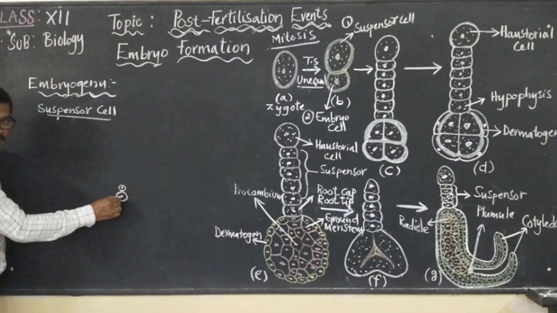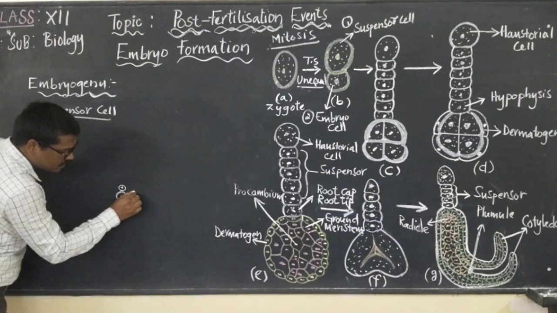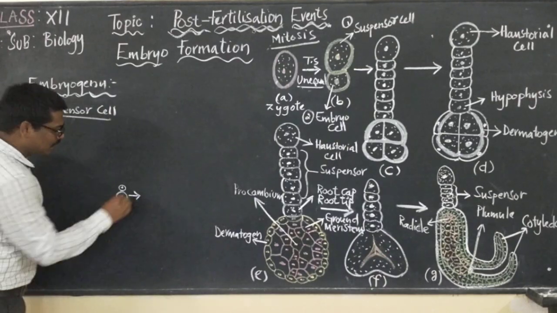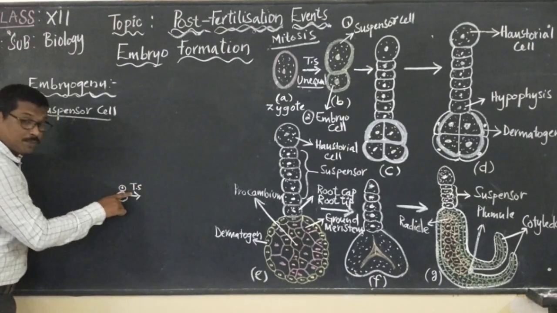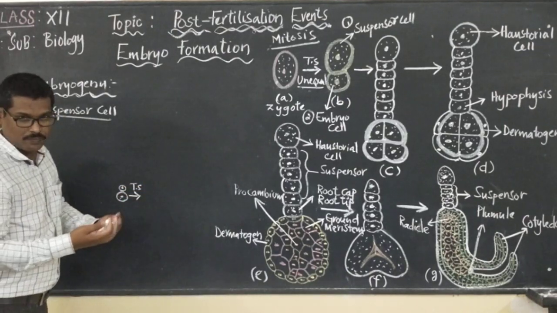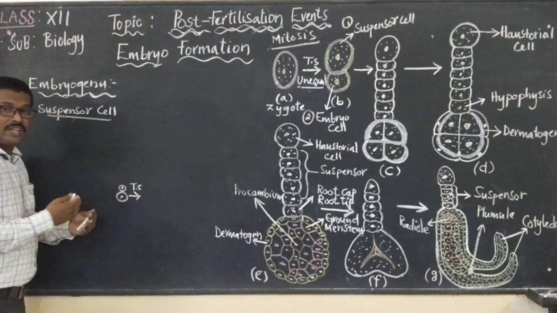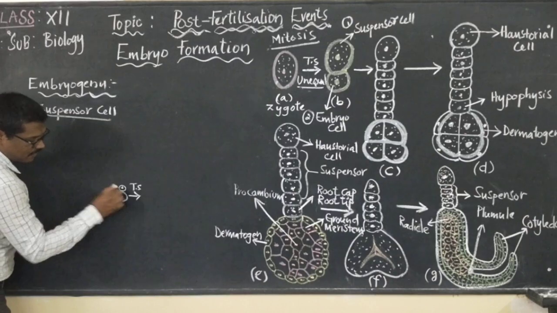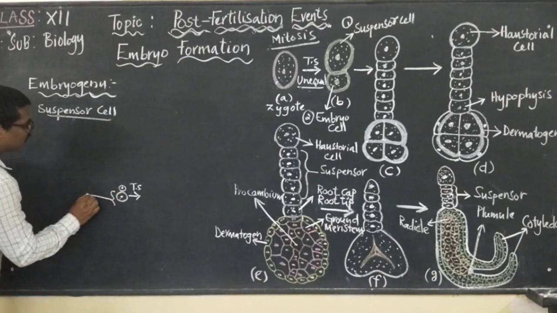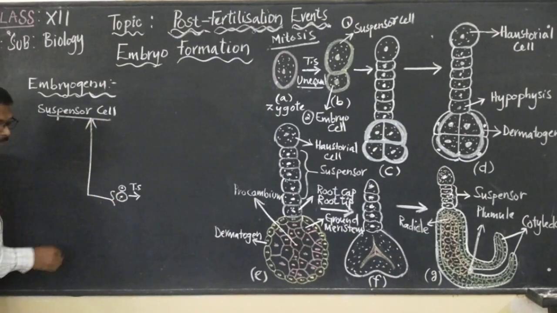We are talking about the suspensor cell now. This suspensor cell undergoes transverse, mitotic division only, for a few times. Only the suspensor cell, not the embryonal cell.